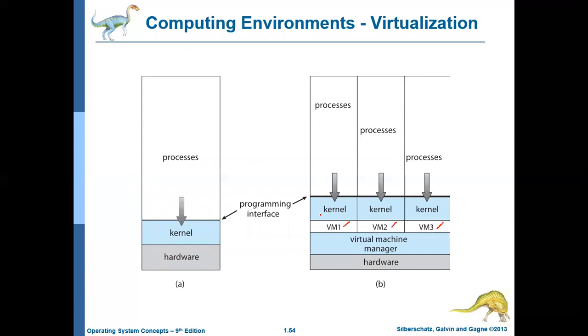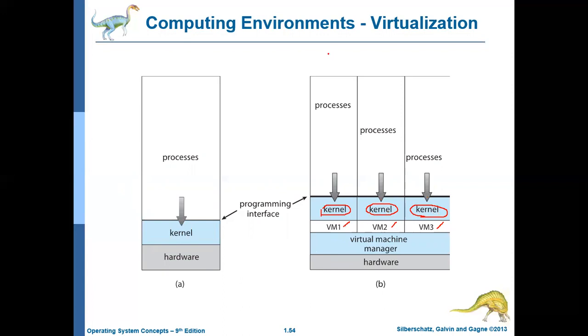VM1 is running one kernel, maybe a Windows kernel. VM2 is running another kernel, maybe a Linux kernel. And VM3 is running another kernel, maybe a Mac kernel. So three kernels means three operating systems are running in this system. This system may be using some operating system, and on top of that it also supports another three operating systems.